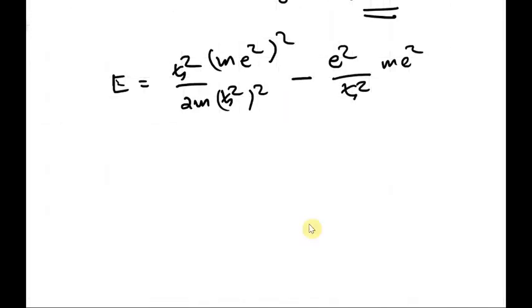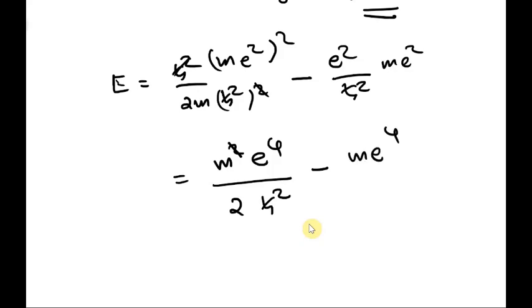So this will give you h cross square cancelled, and this is going to be m square e raised to 4, and 1 m again cancels, so 2 h cross square, minus e square m e raised to 4 divided by h cross square.